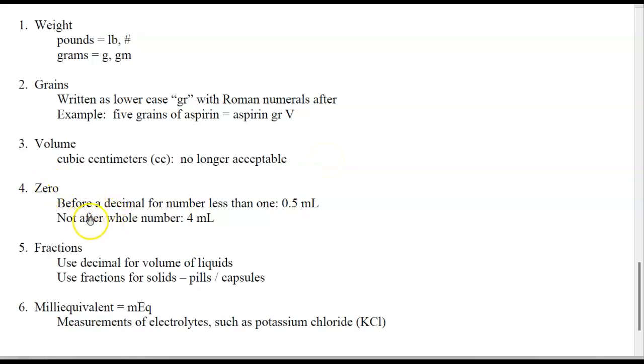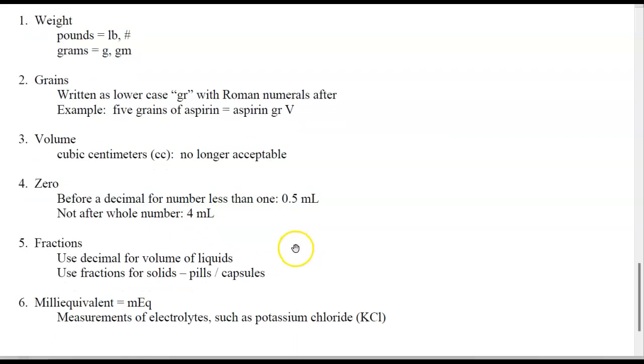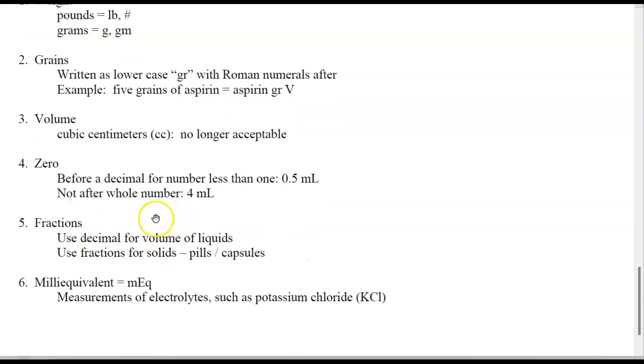So 0 before a decimal for a number less than 1, such as we mentioned earlier in section A. So 0.5 ml, that's an example, but not after a whole number. So example 4 ml. You don't add a 0. So it's just 4 ml. Now with fractions, you want to use decimal for volume of liquids.